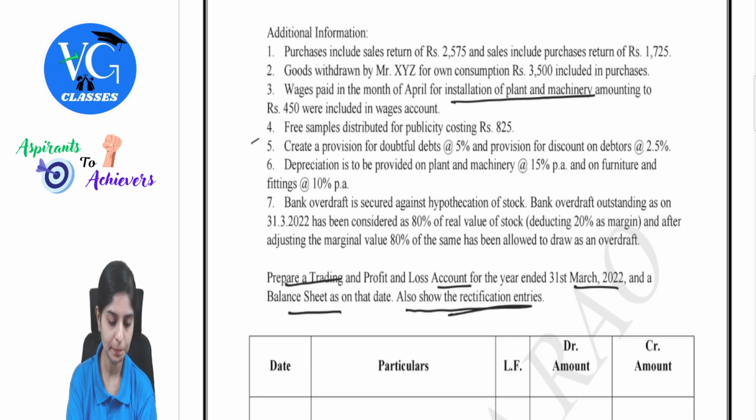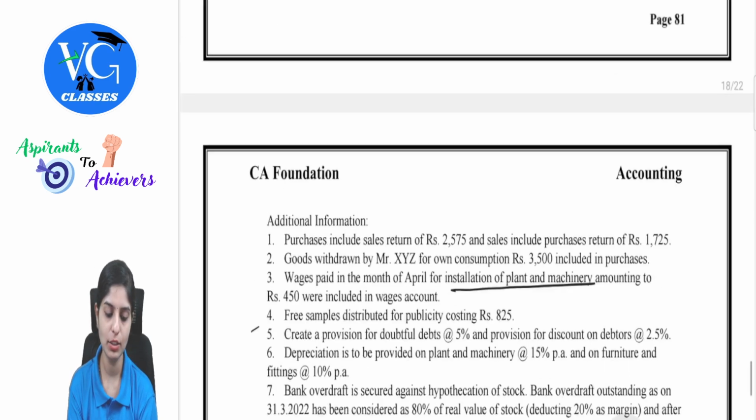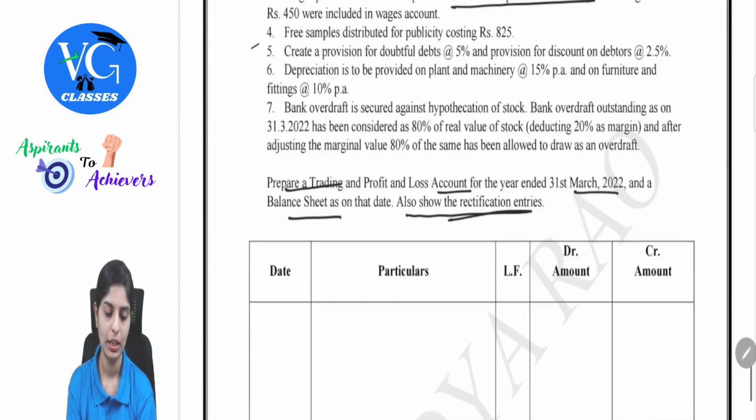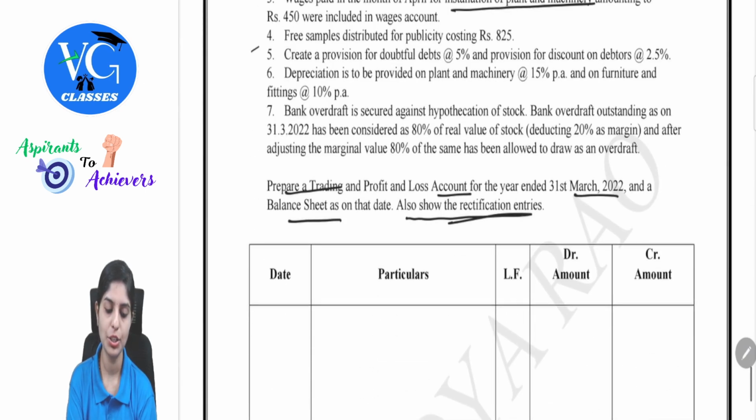Error of omission. Create a provision for doubtful debts at 5% and provision for discount on debtors at 2.5%. So whatever you find in adjustments will be for the new provision. Let's cross check: was there any old provision? Yes, there is an old provision available. Next, depreciation is to be provided on plant and machinery at 15% and on furniture and fittings 10%.